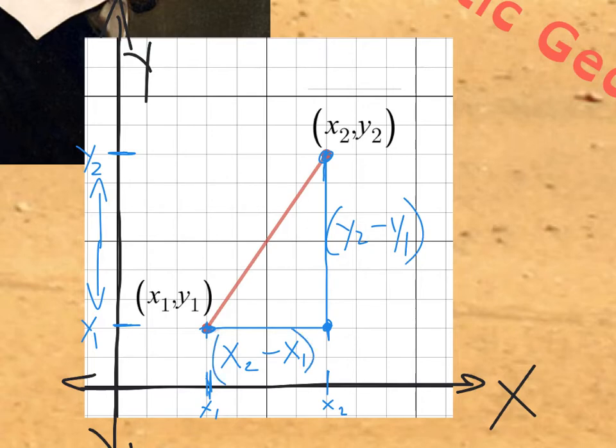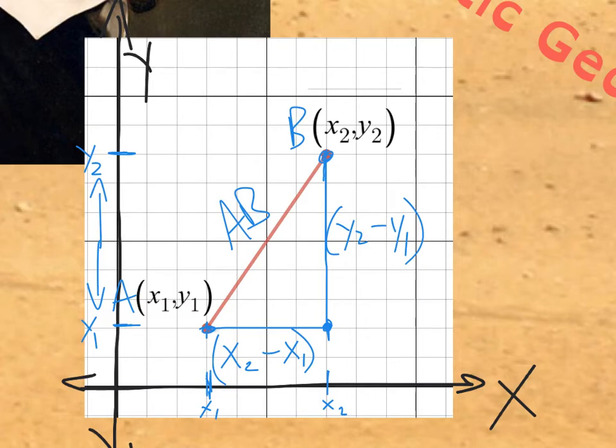Well, if we want to find this distance here, let me call this d, or maybe a little better for using our geometry, if this is point A down here and this is point B, then the length of this is AB. That's the length of this line.